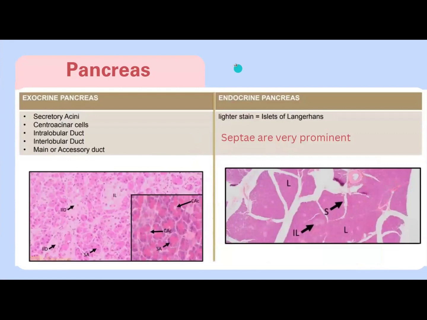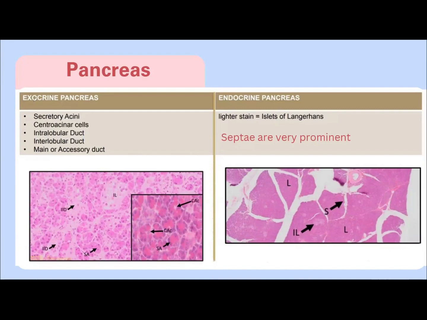Let's take a closer look at the endocrine and the exocrine. So the exocrine pancreas, we said we have islets of Langerhans. We have the centroacinar cells, which are the white area surrounded by the pink matter, bordered by the secretory acini. And you have the interlobular and intralobular ducts. What's the difference between intra and inter? Intra means within, and inter means between.